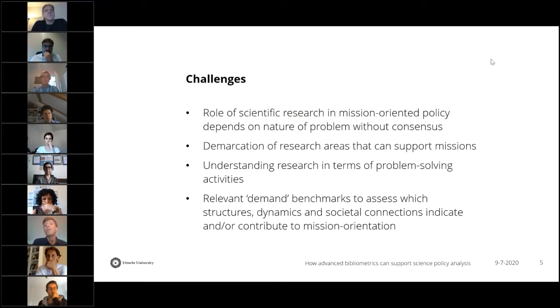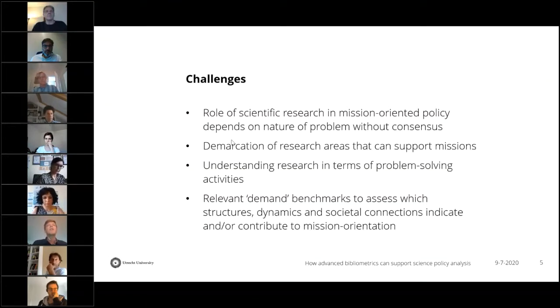For instance, if you look at the smart city literature, there's a large debate on whether one should take that as more of a scientific or technological approach, or to what extent this should be a more user-driven type of approach. And there are conflicts between different communities there. So the question of what the role of scientific research is in mission-oriented policy should be part of the discussion when using these bibliometric type of approaches.